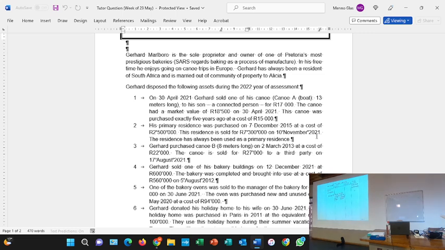Excuse me? 3.5 and not, it's not disregarded. Yes. So if it's less than 10 meters, it's a personal asset, and in a personal asset you can disregard any gain or loss. So you're correct, the CGT is 3,500 each year. Your market value, 18 and a half, reduced with 15.